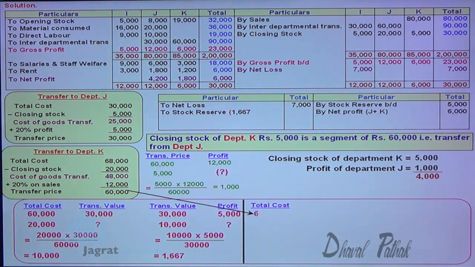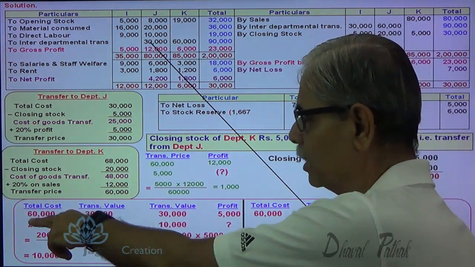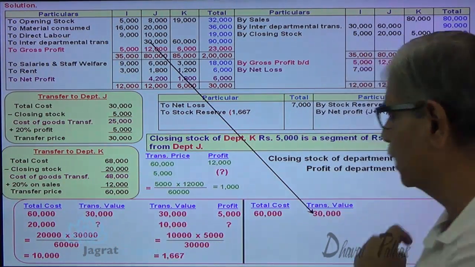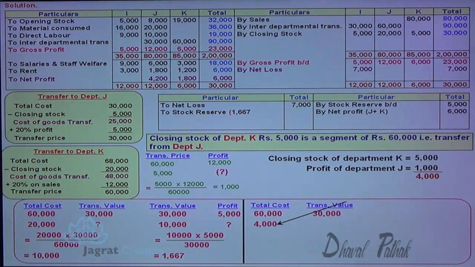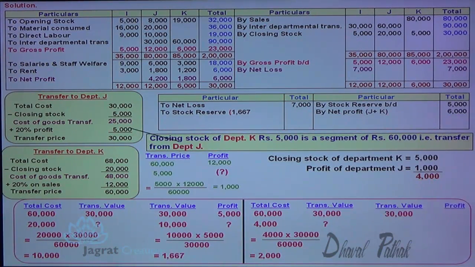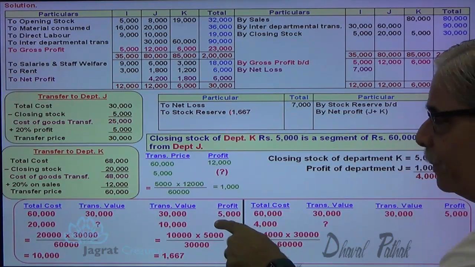So if 60,000 is the transfer value, 30,000 is the profit. This arrow is wrong. 60 is to 30. From here you have to take, not from here. 60 is to 30. How much for 4,000? So the profit load element is 2,000. And 30 is to 5. Same analogy.